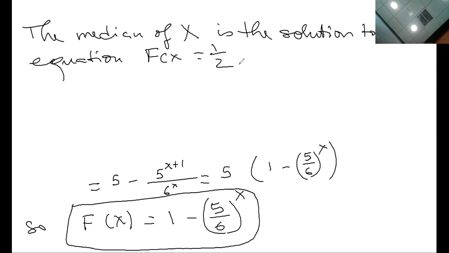You solve using the logarithm. Let's save time with that. The median is the solution to this equation. Remember that this equation means the probability that x is less than or equal to x, that is the probability that the value is less than x is half. When you get that, it gives you the median.